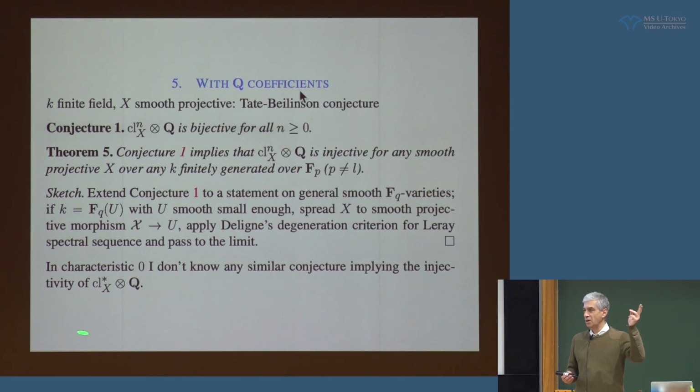So you take a smooth hyperplane section, and then you take cup products with this, and if you are clever enough, you see that it degenerates the spectral sequence. And then basically it's sufficient to see this.